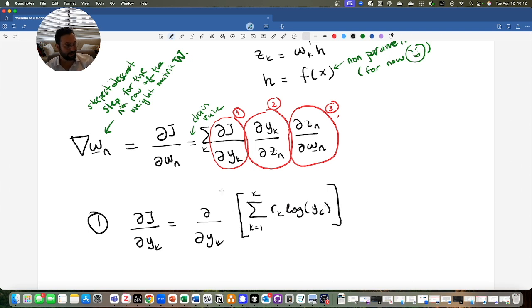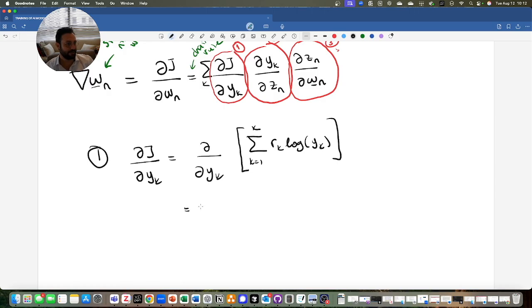And I can take it inside because derivative is a linear operation, right? So d over dyk of rk log yk, and the result is going to be, and of course there's always a negative here because I'm calculating negative log likelihood, not the log likelihood.